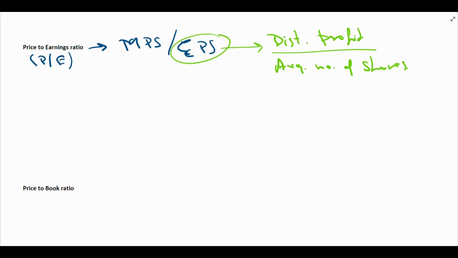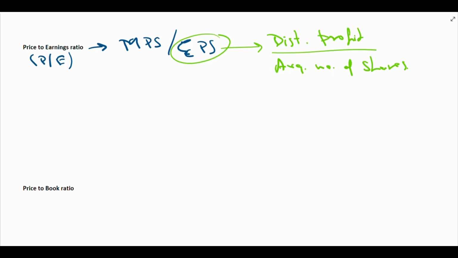During the year, they issued another thousand shares, and then they did a buyback. At the end of the financial year, they had, say, some 9,500 shares floating in the market. Since the number of shares was changing throughout the year, it is ideal to use the average number of shares in that case. And we need to use weights, like for how many months it was this much, for how many months it was that much, and so on. So the average number of shares should be used.